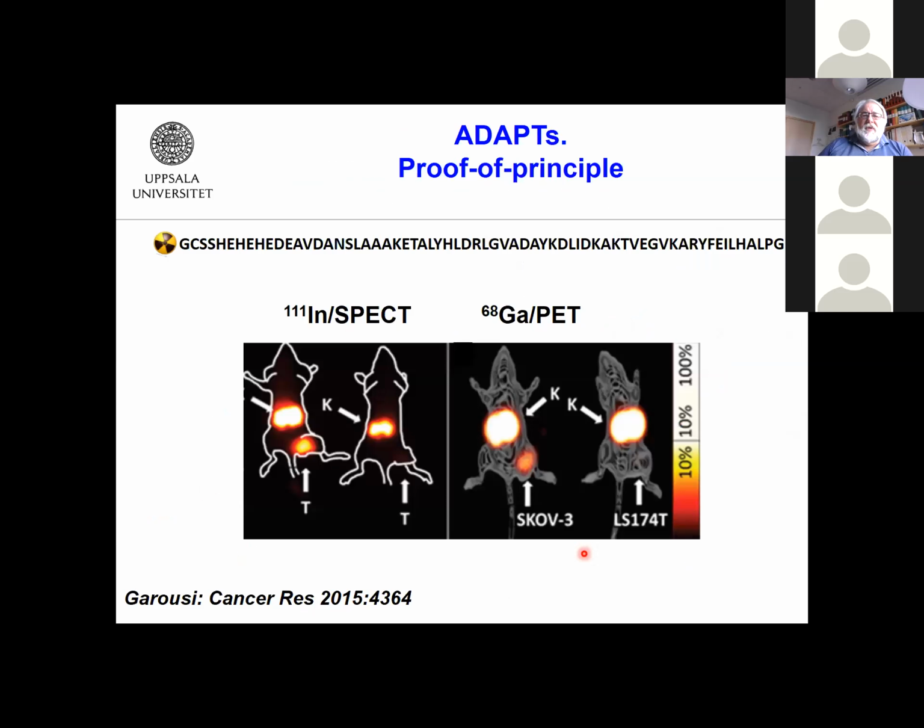So to validate that it's possible to target tumors using ADAPT, I asked her to completely obliterate binding to albumin.